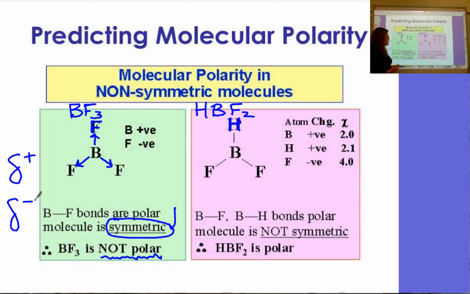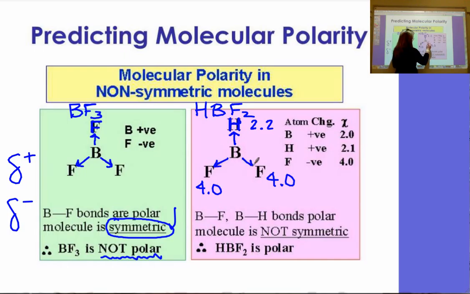HBF2, now it's not symmetrical anymore because hydrogen pulls with a different power. Hydrogen on the electronegativity chart is 2.2. Fluorine is 4.0. Obviously, the fluorines are going to have a stronger pull for those electrons.